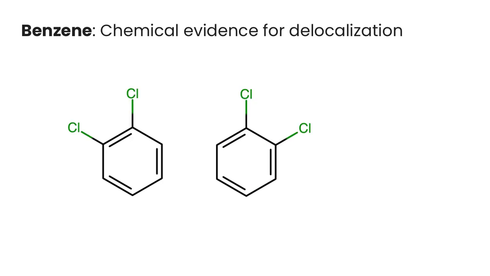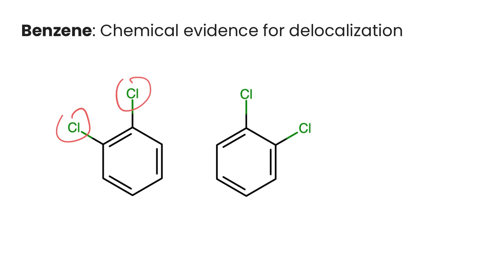And we have one last piece of chemical evidence that we need to look at for this delocalization. If we were to react chlorine with benzene to form 1,2-dichlorobenzene, so we're adding chlorines across a double bond, you might expect 2 possible isomers to form.